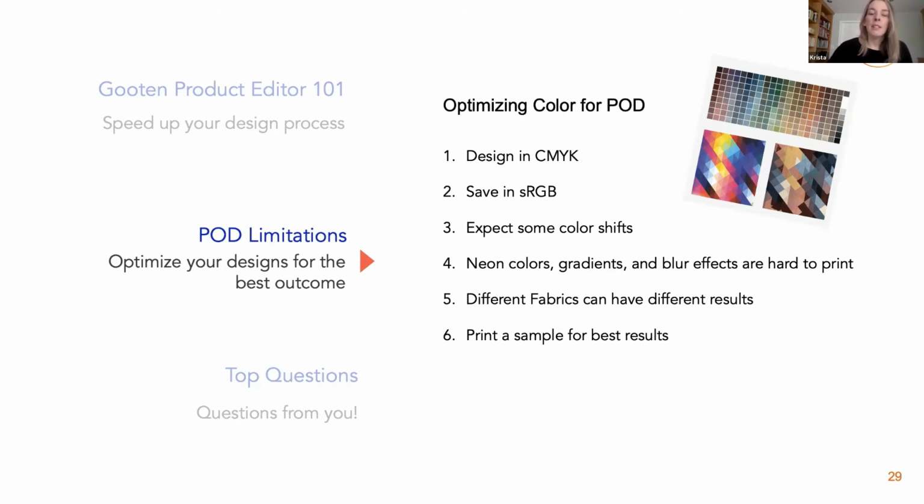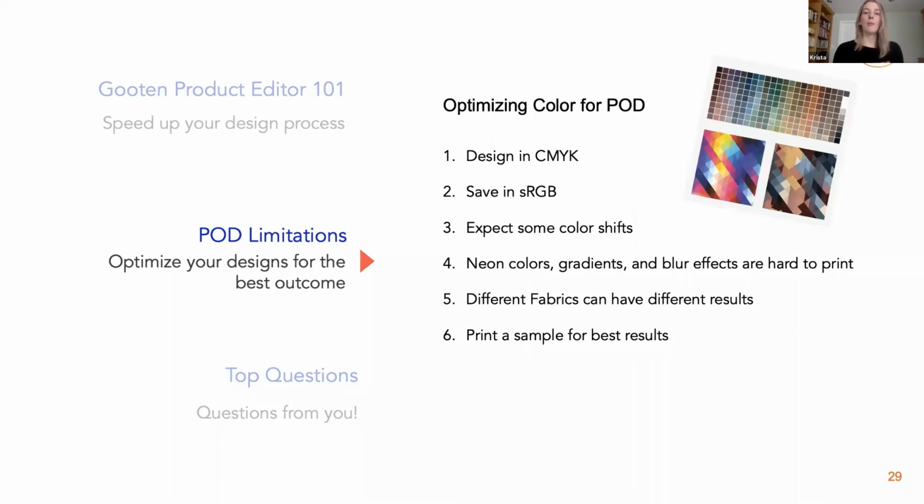With print on demand, you will have some color shifts, especially from product to product. Different products look and feel differently. They have different sheen or different ink saturation on fabrics and things like that. So most of the time, you won't have exact color matches like you would if you were printing in bulk, where they do more color QA and matching.